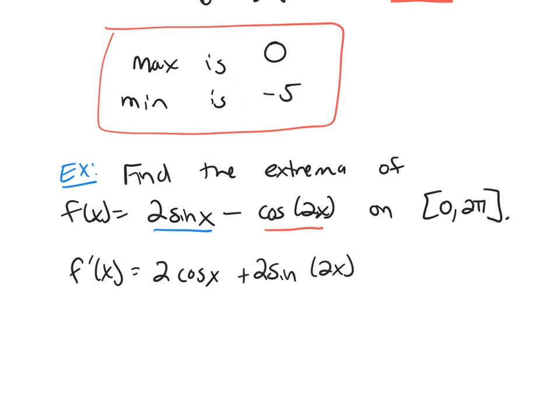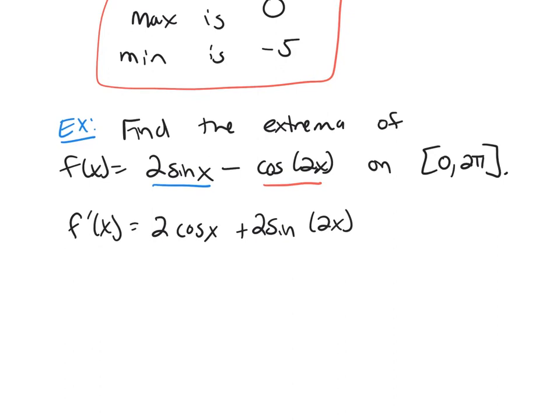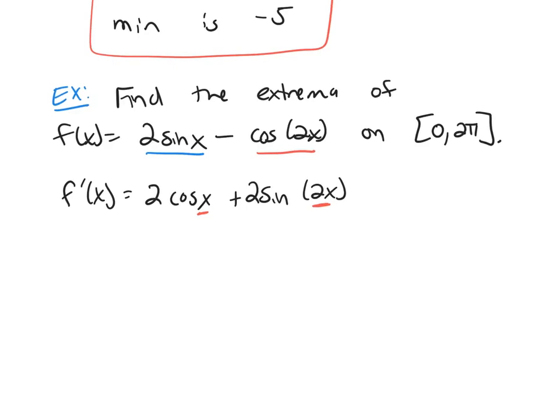So the first thing I want to say is that this function f prime of x is always defined, it's never undefined. And I want to ultimately set this equal to 0 and find my other critical numbers. But I've got a little bit of a problem here because I've got x for that trig function, but for this trig function I've got 2x. So that's going to make it difficult for me to solve.